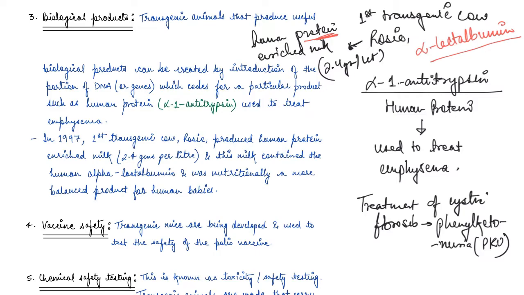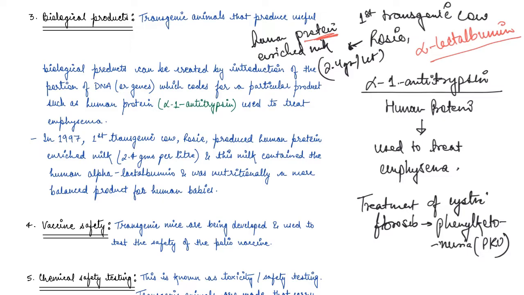And this was nutritionally a more balanced product for human babies than natural cow milk, right? So basically what we do is we create transgenic animals to get biological products which are of human interest, right? So this is one reason.